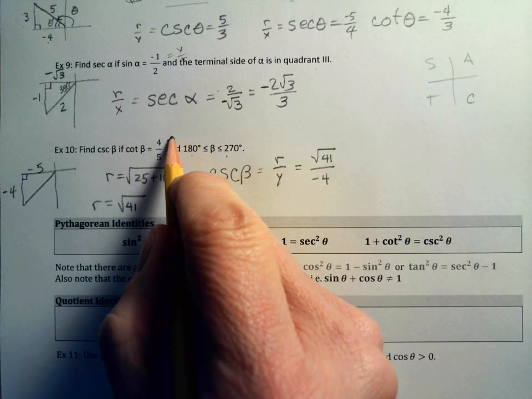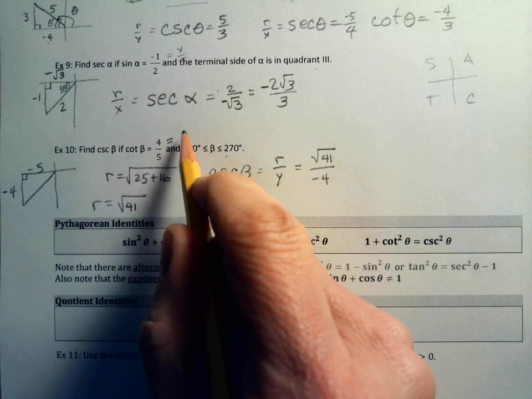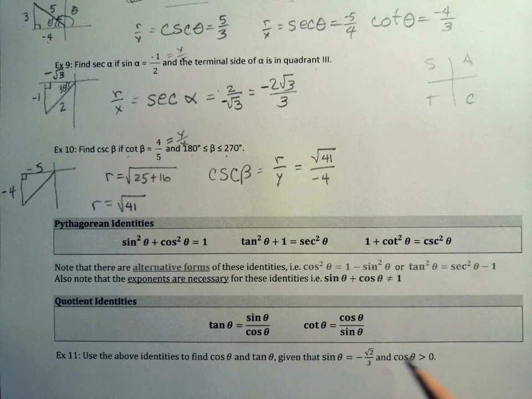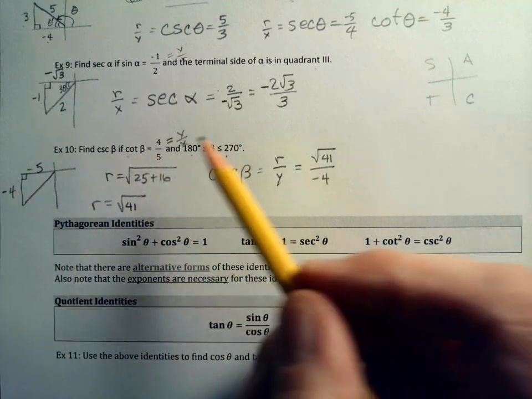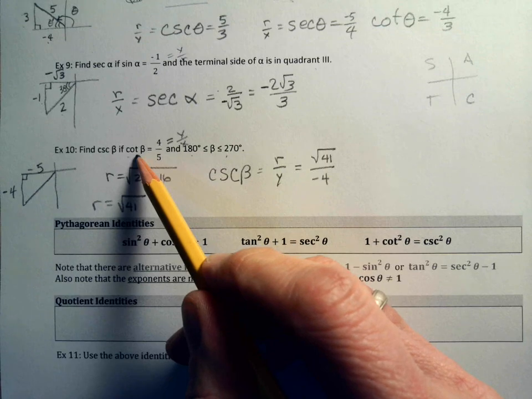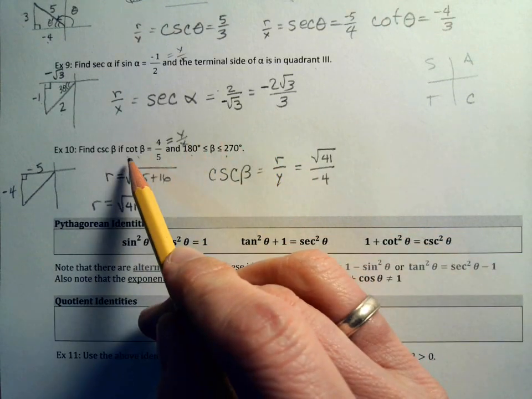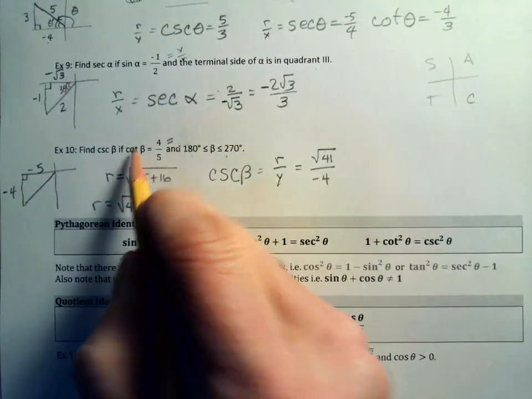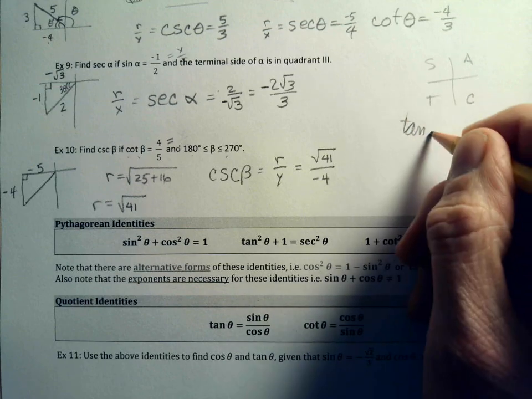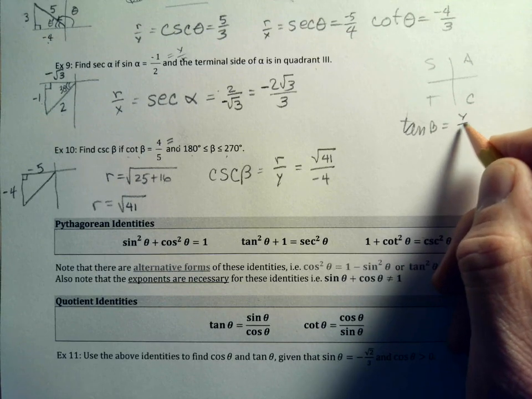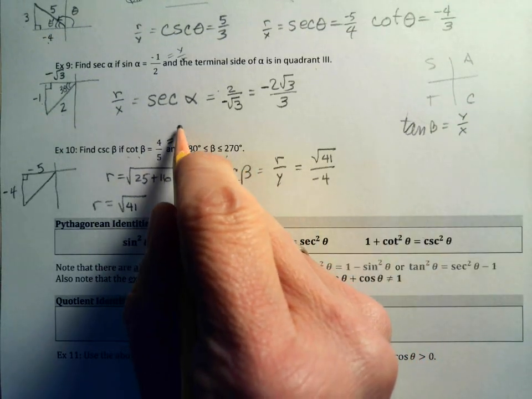Let me double check this one. The cotangent is y over x? Yeah, that sounds right. My notes have, I think, the wrong answer in it. I flipped those. Oh no, I did this wrong. Tangent is y over x, so cotangent is x over y.